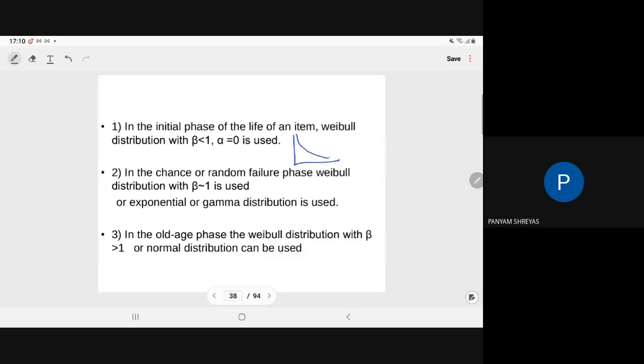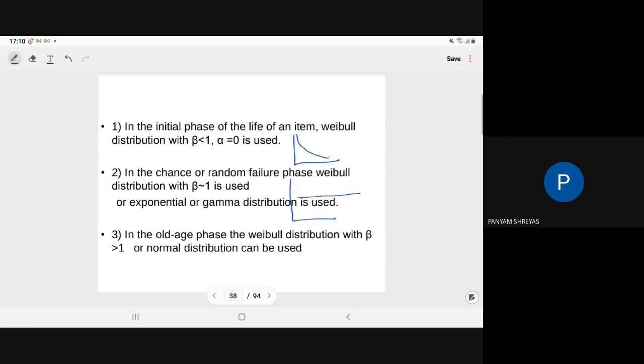So when beta is less than 1 and alpha is equal to 0, then it represents the initial phase of the bathtub, because here z(t) is decreasing. When beta is near to 1, then it is more or less constant. So it represents the useful phase of the bathtub.